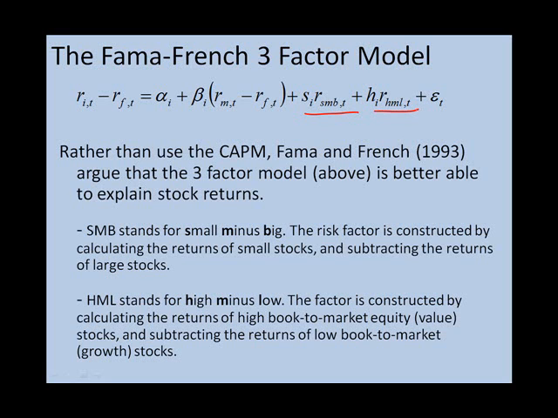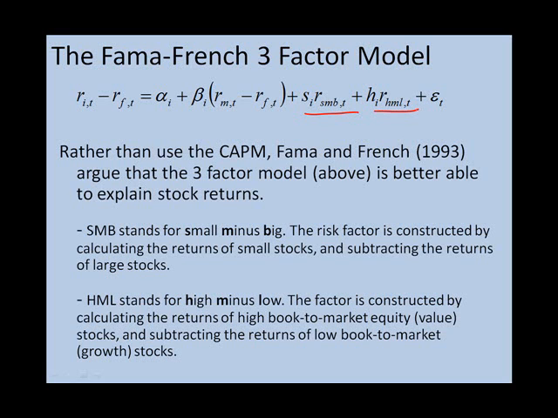They have a high book value relative to the market value, while low book-to-market stocks are often called growth stocks because they have very high market values relative to low book values. Effectively, this strategy is long value stocks and short growth stocks.